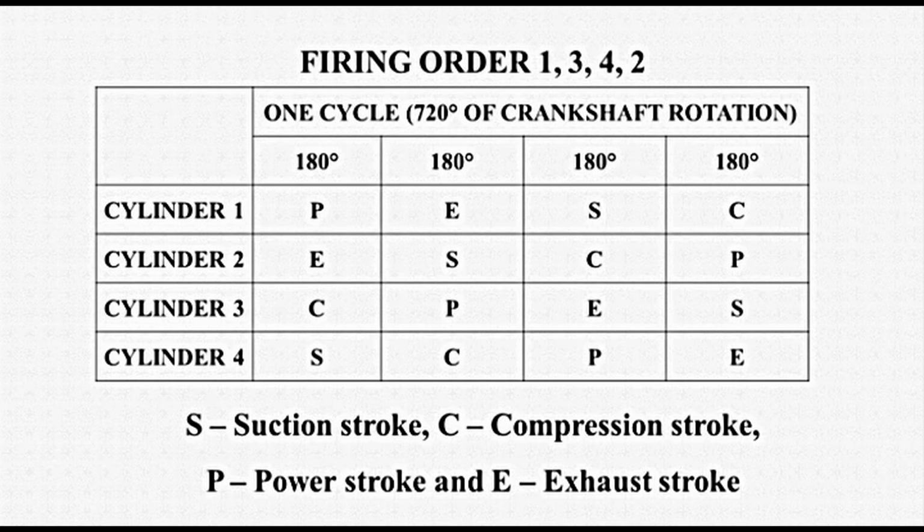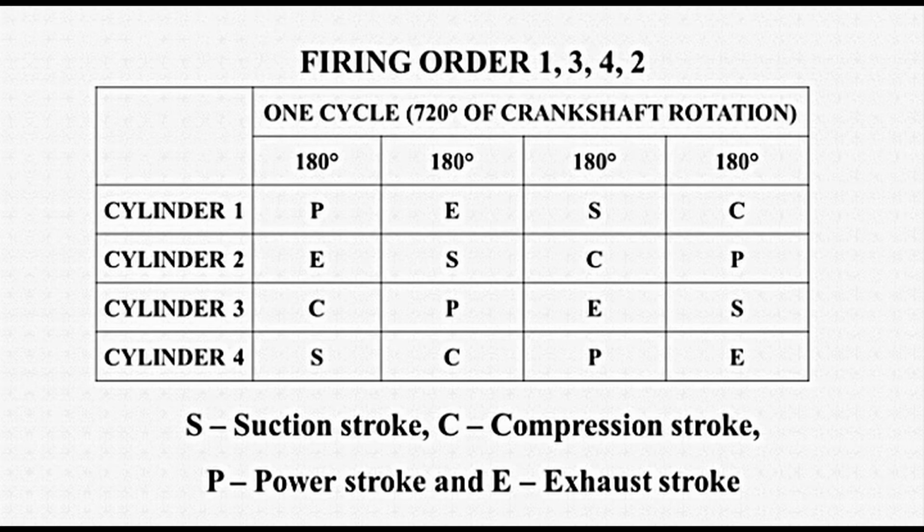If you see carefully, the power stroke occurs in cylinder number 1 in the first 180 degrees of crankshaft rotation. Next it occurs in cylinder number 3 in the second 180 degrees of crankshaft rotation. Similarly, in the next 180 degrees of crankshaft rotation, the power stroke occurs in cylinder number 4.